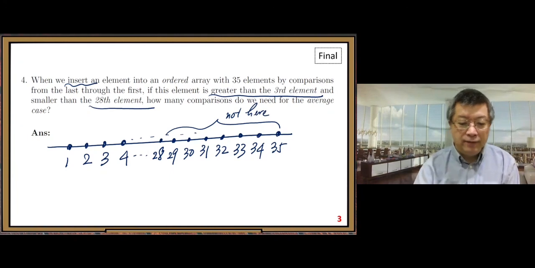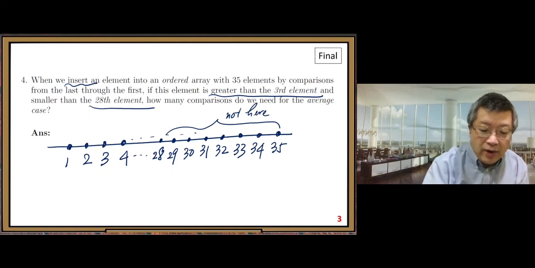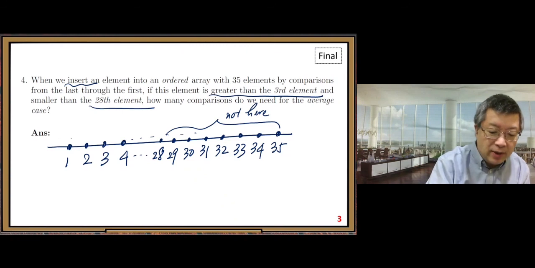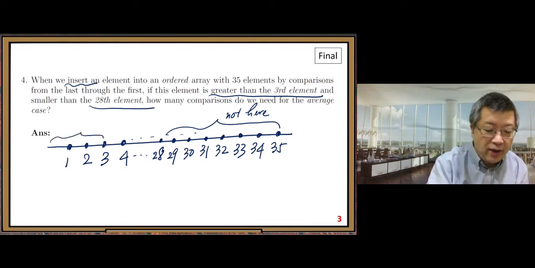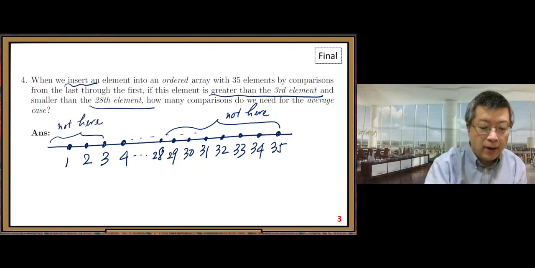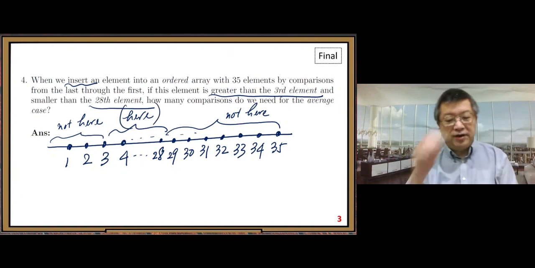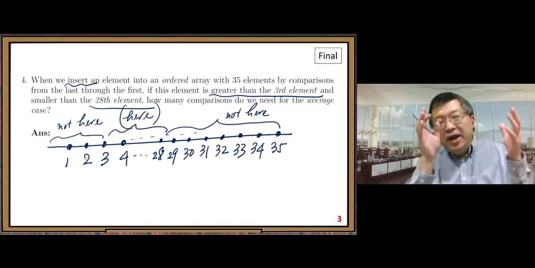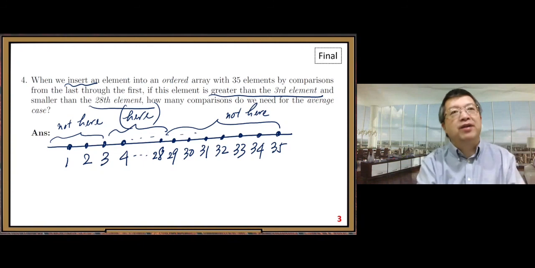Greater than the third element, strictly greater than, so not here. Then what slots do you need to consider? This part. How many cases do you have in this part?